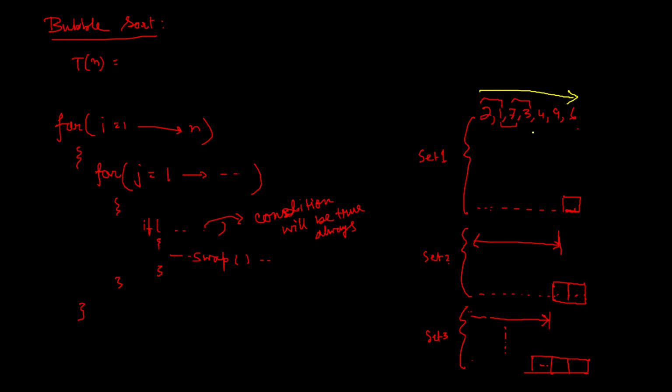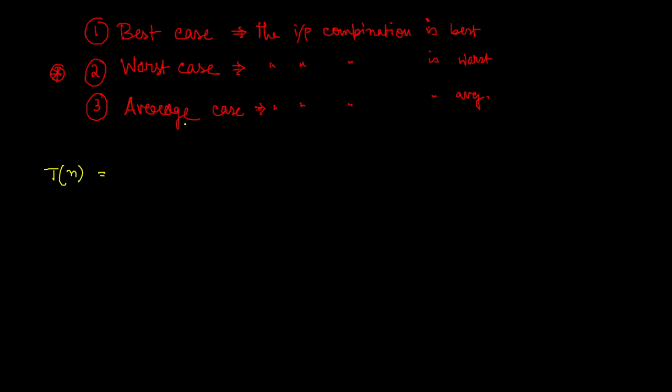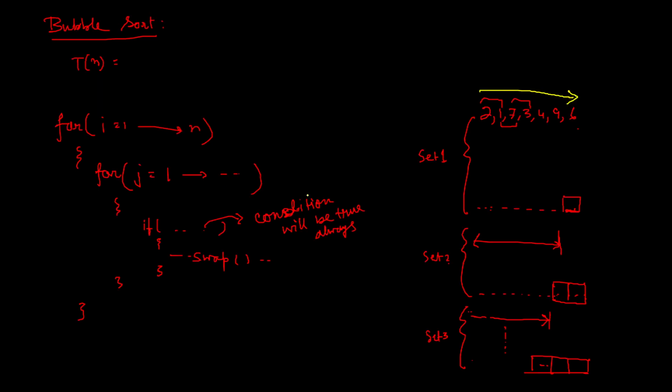Since we have to traverse till the end, we can assume that we have n comparisons, because in the worst case we are considering that the condition will always be true. If the condition is always true, there will be n comparisons.